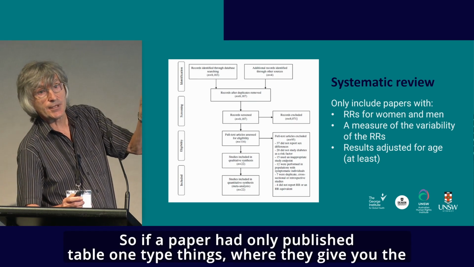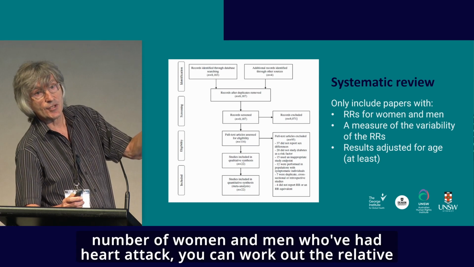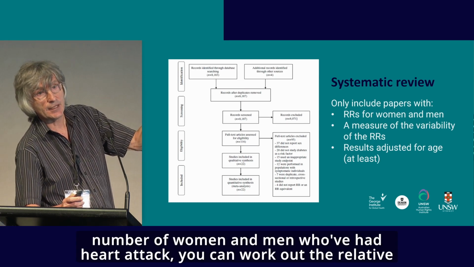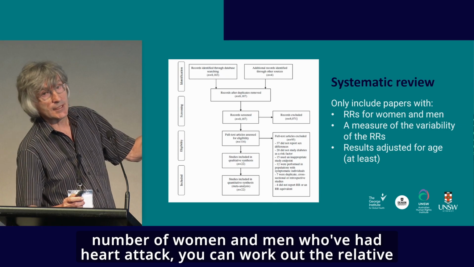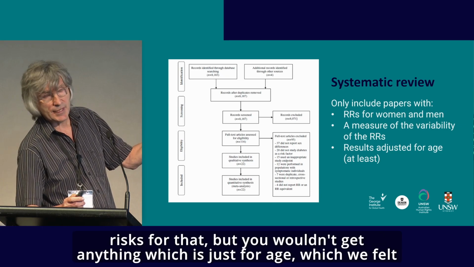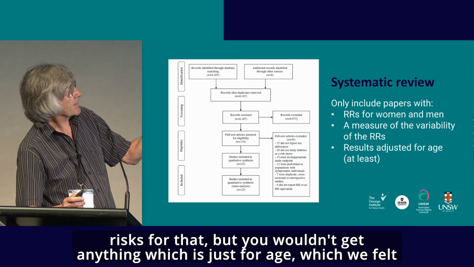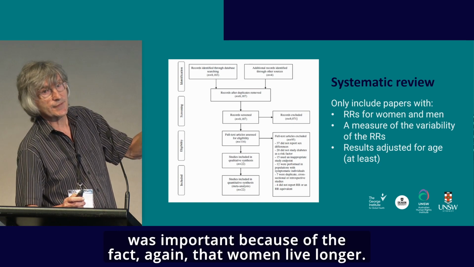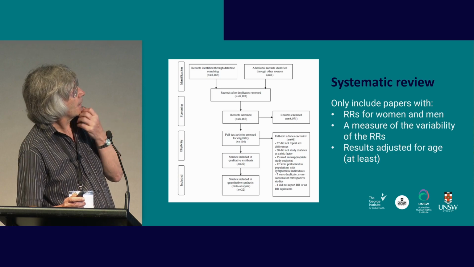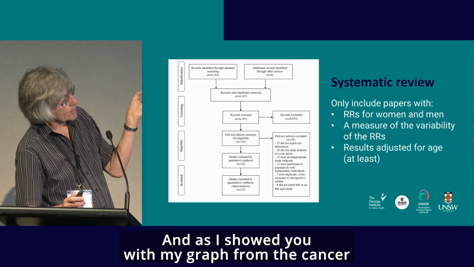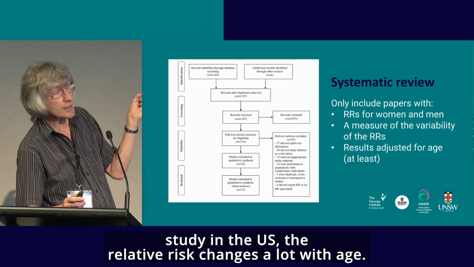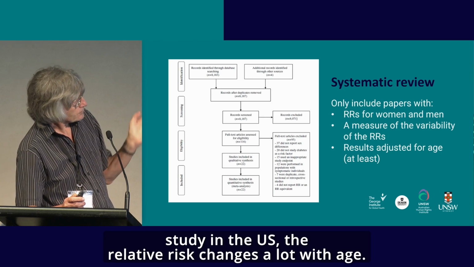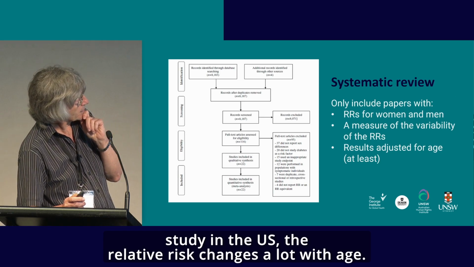So if a paper had only published Table 1 type things, where they give you the number of women and men who've had a heart attack, you can work out the relative risks for that, but you wouldn't get anything which adjusts for age, which we felt was important because women live longer, and as I showed you with my graph from the cancer study in the US, the relative risk changes a lot with age.